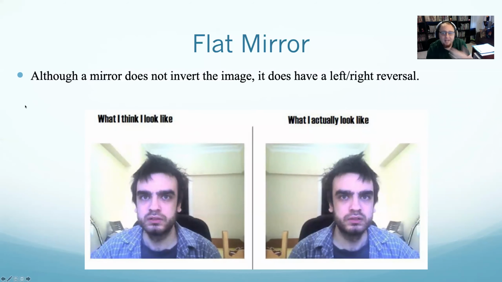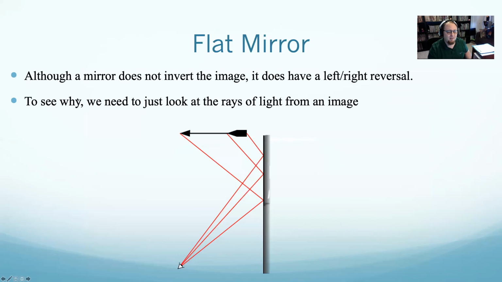The reason a flat mirror does a left-right reversal, you can actually see if you draw out the images of something. Let's say I'm going to look at this arrow in a flat mirror. The light rays from the front of the arrow will bounce, following the law of reflection, and go to my eye. The light rays from the back of the arrow will bounce, following the law of reflection, and go to my eye.